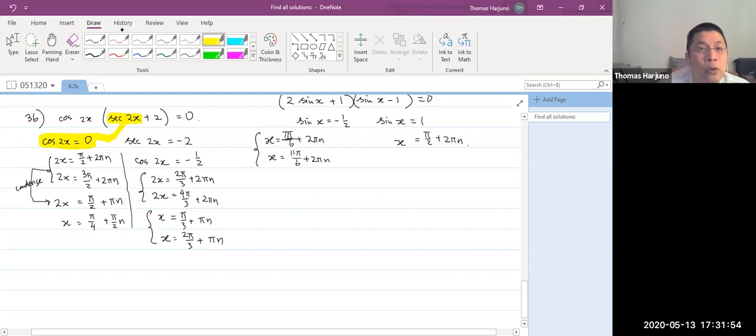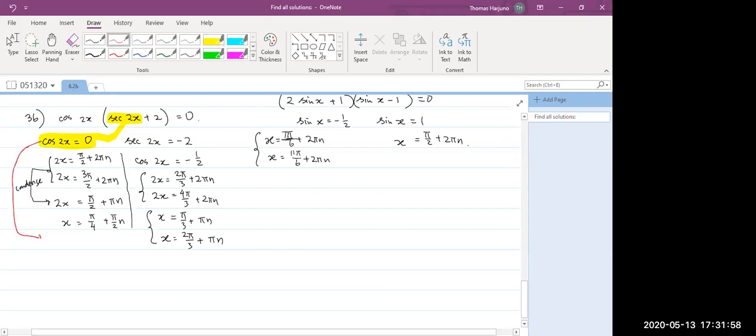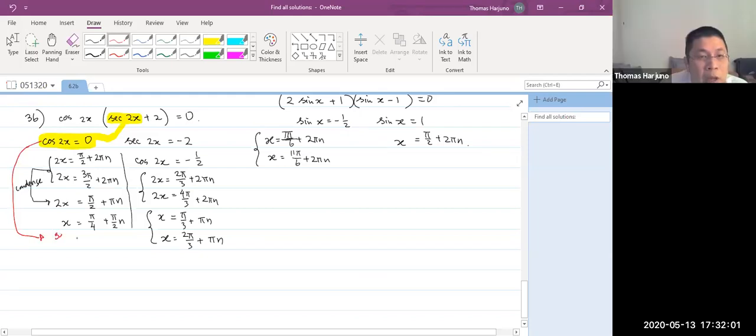So let me put a note. Secant 2x is undefined when cosine 2x equals 0. So whatever answer we have here that is not in the domain of the equation, right? You see what I mean? That's why I have to cross it out.